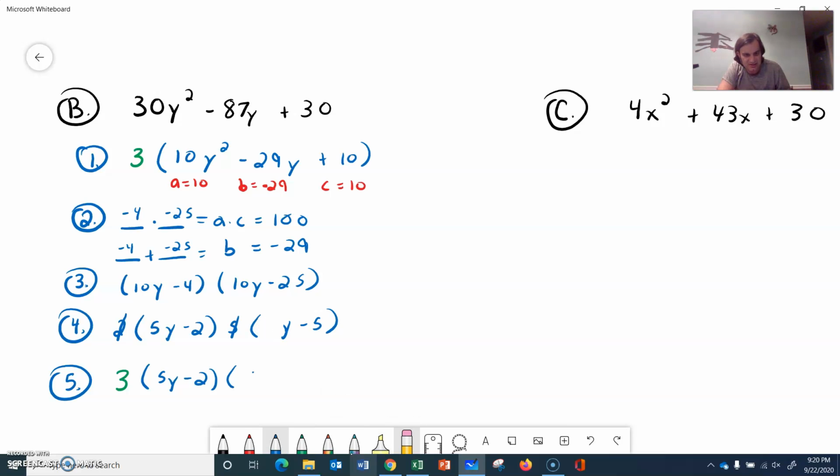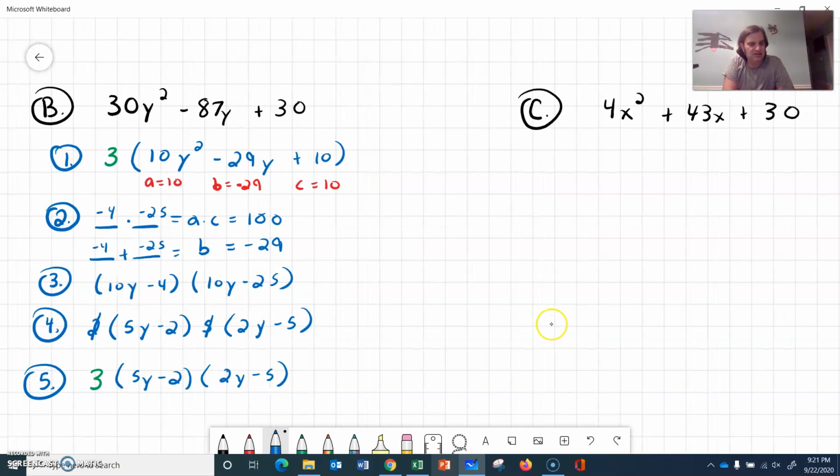So 2y minus 5 is my second factor. I have 3 times 5y minus 2 times 2y minus 5. If you ever question that, you can always multiply all that back together using the distributive property or FOIL, whatever works, and see if you get the top thing. If you do, you did it correctly.